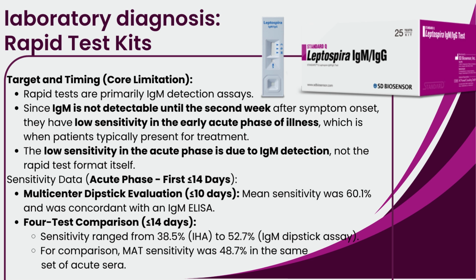Over 14 days, sensitivity varied across tests, with IHA at 38.5% and IgM dipstick at 52.7%. These findings really emphasize the need to consider timing when selecting diagnostic tests during the acute phase.